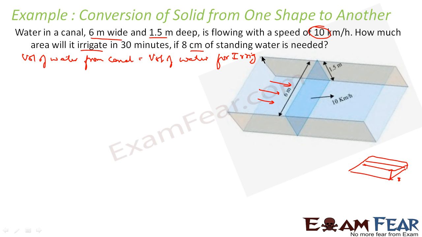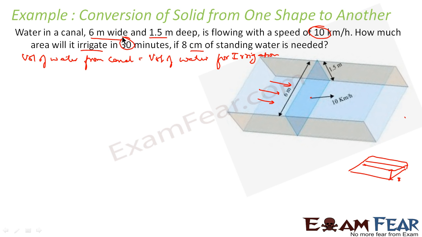Because whatever volume of water has come out of the canal, the same water is used for irrigation. Pretty clear? Now, to find the volume of water from the canal, what can we do? If we know this length, we know the breadth, and the height we have to find, right? Because this is a cuboid kind of shape. So the height will be nothing but the distance traveled by this water from this point to another point in 30 minutes.